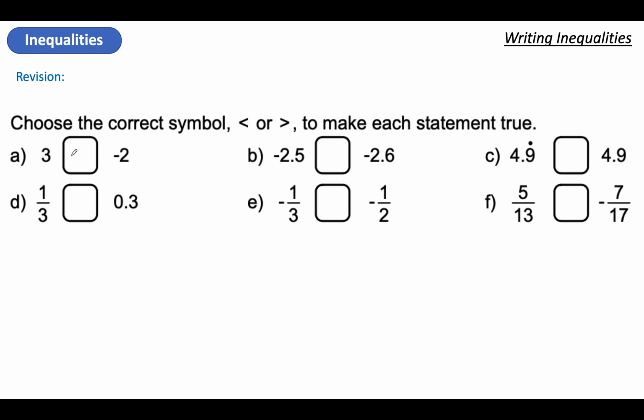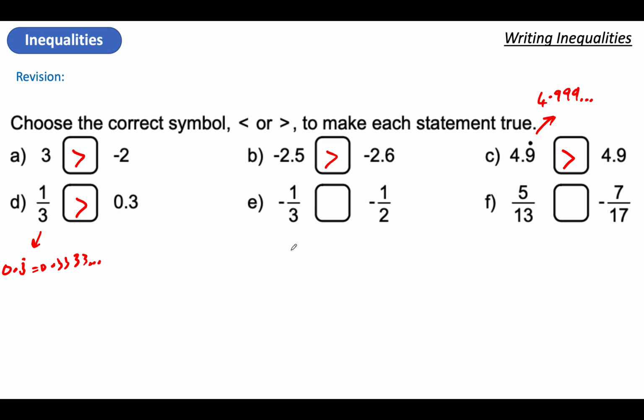Okay, 3 is greater than -2. B, negative 2.5 is also bigger than -2.6. This one on the right would be a little bit further to the left on the number line. 4.9 recurring is 4.999, etc., which means it's going to be bigger than 4.9. 1/3, well, that is equal to 0.3 recurring, 0.3333, etc. So that is going to be bigger than 0.3, just a little bit bigger.